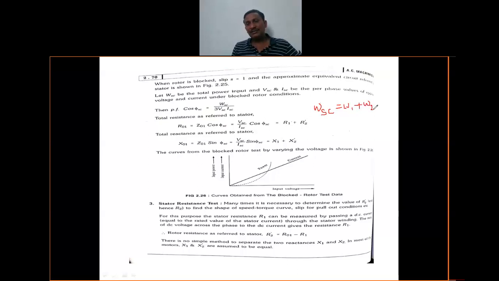The no load test is also the same. These are the main criteria.